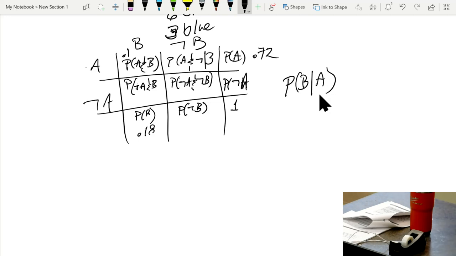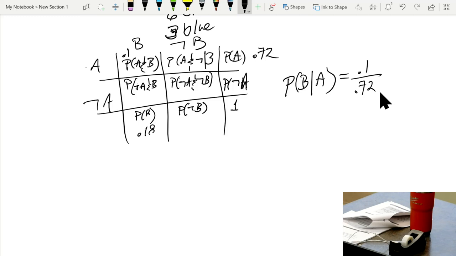So the probability of A is 0.72. What's the probability of B given that you're in the A column? The probability of B, given that A has occurred, the probability of that B, given that you're in the A row.